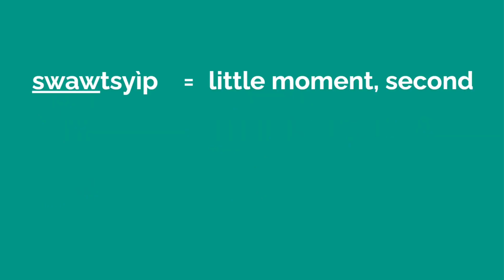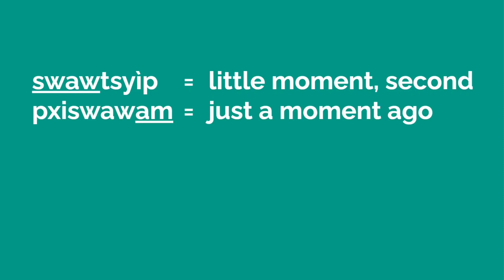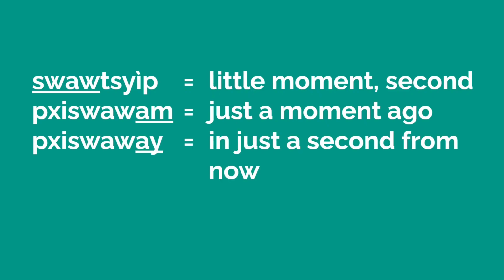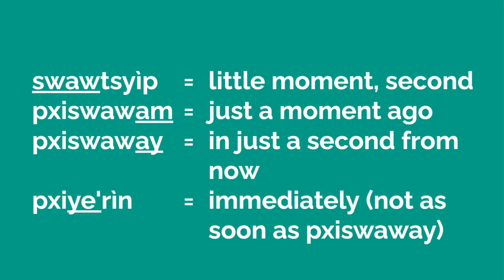Based on these words, we have a few more, namely swau tsiep, little moment or second, so it's just swau with the tsiep behind it, so the diminutive. And we have iswawam, just a moment ago, so here we see the am again. And fitting for this, we also have iswawai, just a second from now, in the future. And one last one, we also have yerin, which is immediately, but not as soon as iswawai.